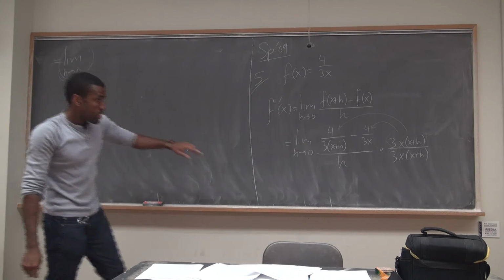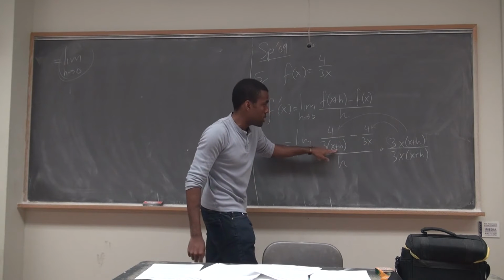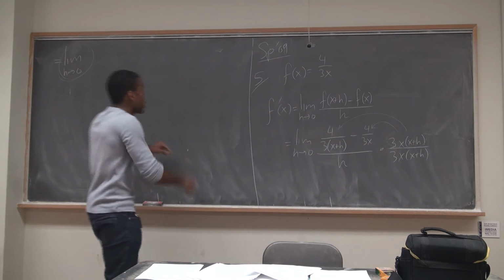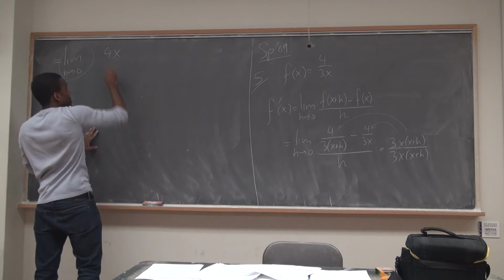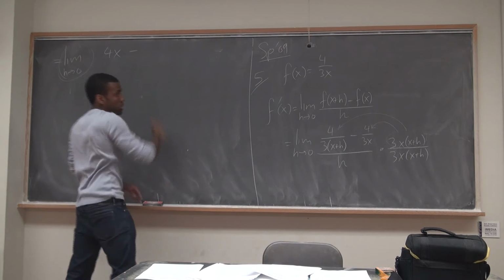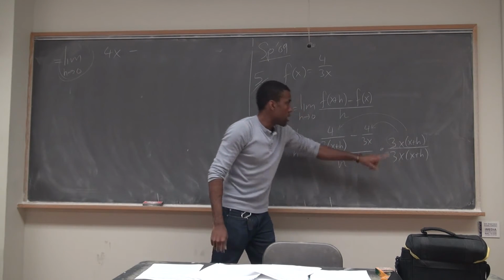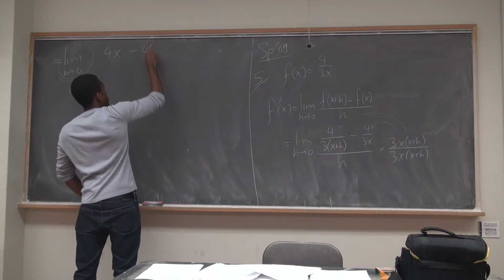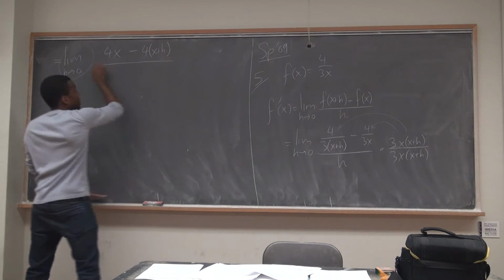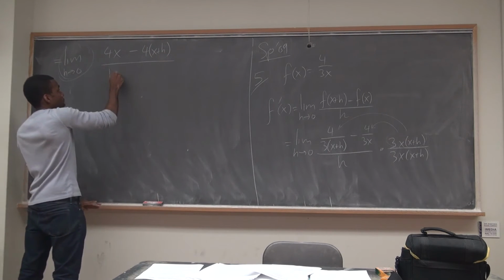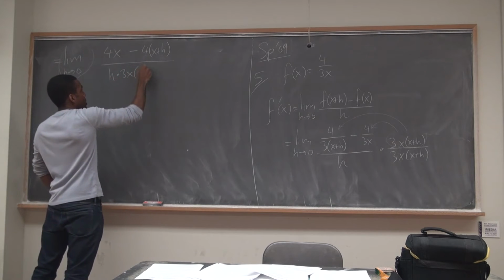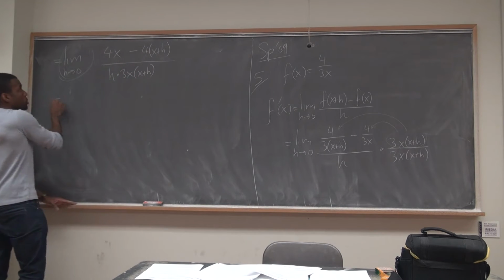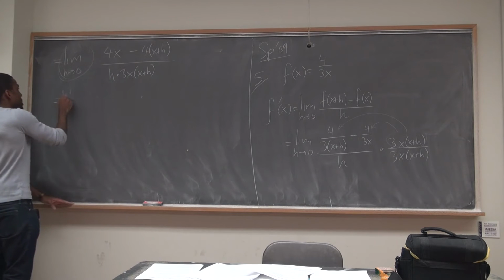Okay, so what's going to happen is the 3 will cancel, the x plus h will cancel, and I'll be left with x. So I'll just have 4x here, minus the 3x will cancel, and I'll be left with 4 times x plus h. On the bottom, I would have h times 3x times x plus h. What happens now?